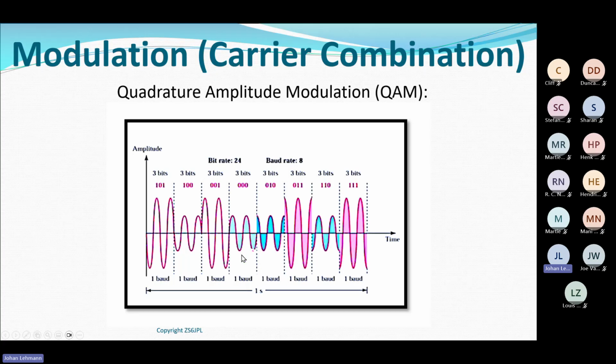So in other words, I can transfer three times the amount of information on my carrier frequency than I would have been able to if I only used phase shift or only used amplitude. Because I'm combining amplitude with phase, I can transfer more information instantaneously with a single frequency.